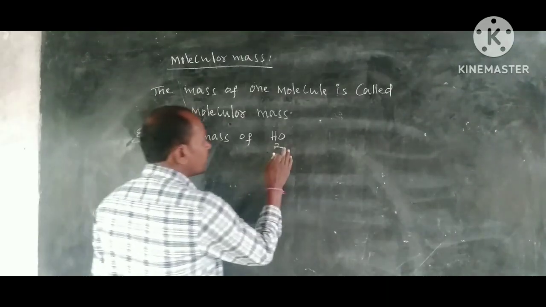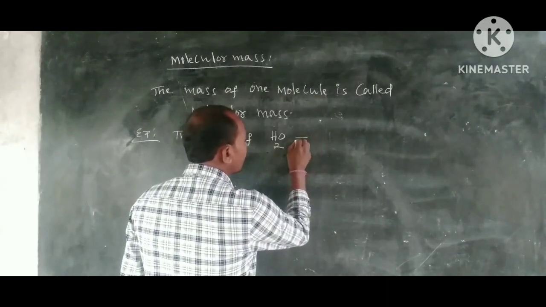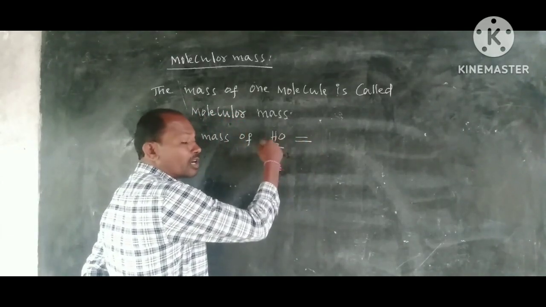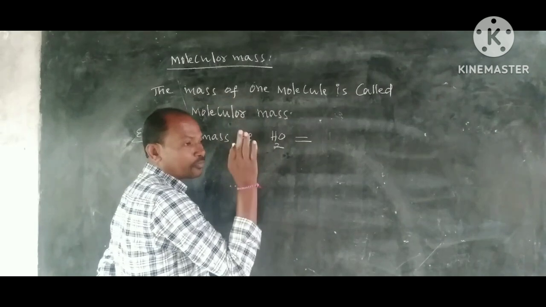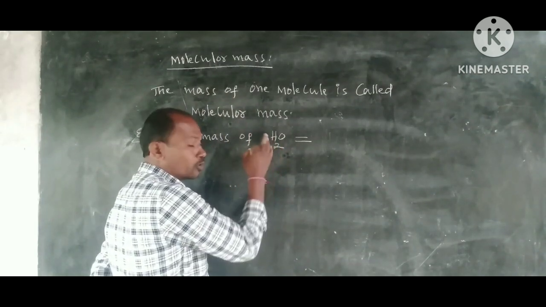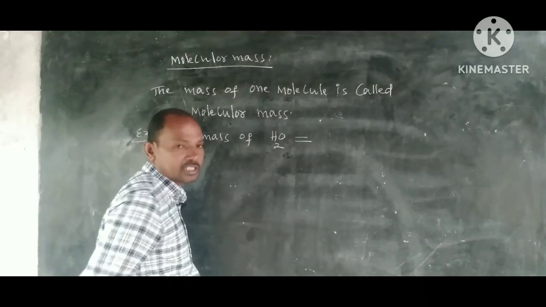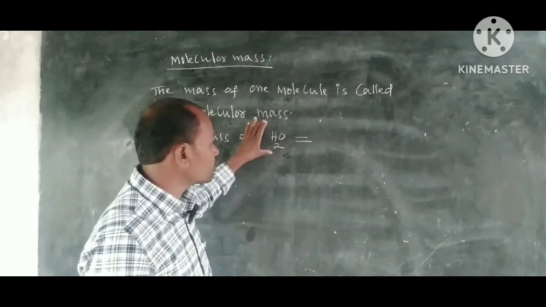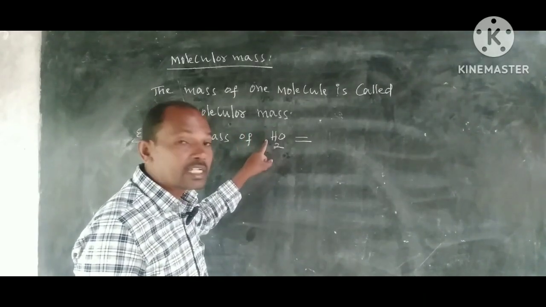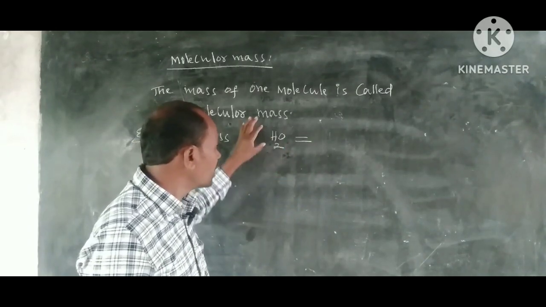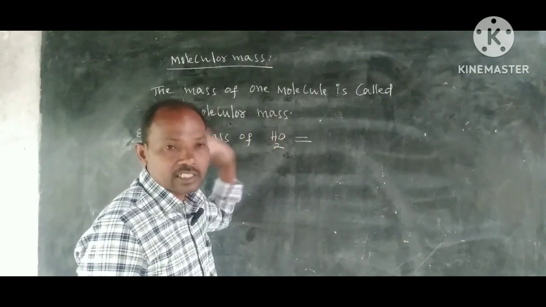The mass of H2O is equal to the total of the atomic masses of all atoms present in the molecule. How many atoms are there? One is hydrogen, another is oxygen. In this case, 2 hydrogens and 1 oxygen are there.